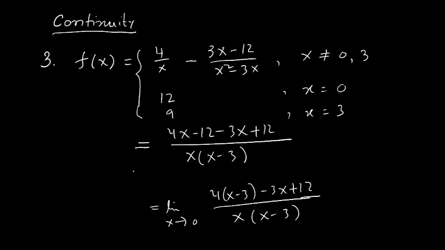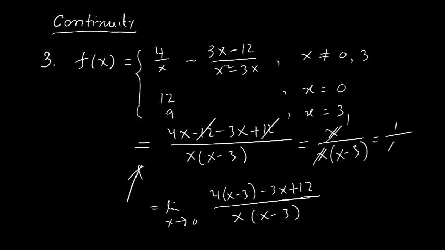So you can see that it's coming out like 4x minus 12, and then negative 3x plus 12. So negative 12, positive 12 cancelled out. I have here 4x minus 3x, just x, and then x times x minus 3. So x again cancelled out. We get 1 over x minus 3, and still we are carrying our limit.